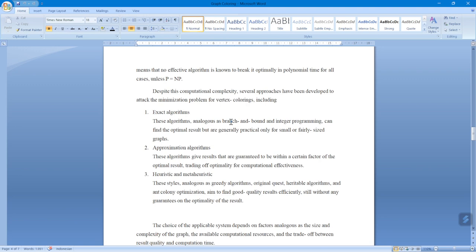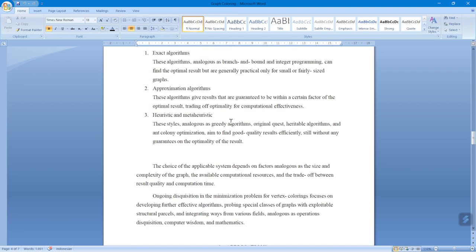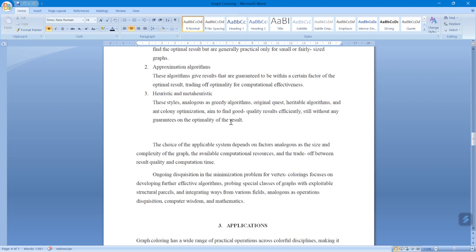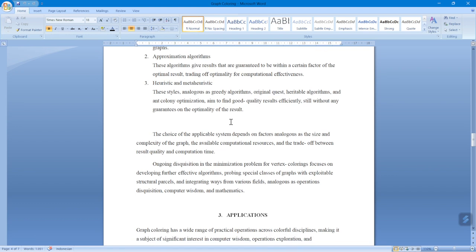The choice of approach depends on factors such as the size and complexity of the graph, available computational resources, and the balance between solution quality and computation time.